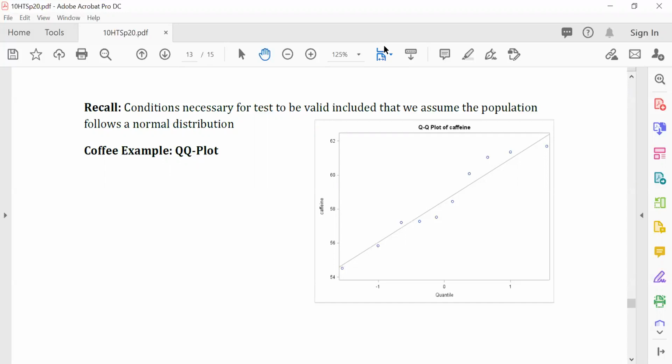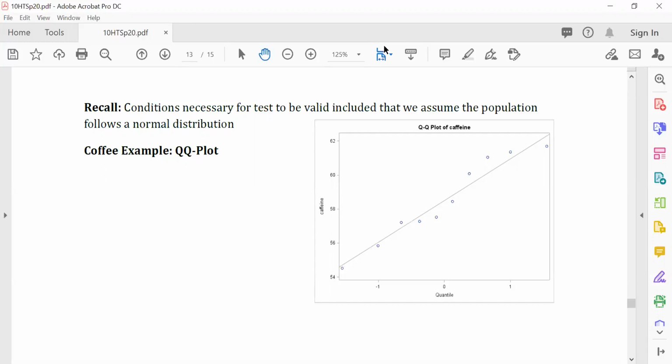the population follows a normal distribution. And how do we know whether the population follows a normal distribution or not? A very useful tool that we are introducing here is called the QQ plot. We mentioned this when we talked about the sampling distribution, when we were talking about how large the sample size n needs to be to be considered large enough.